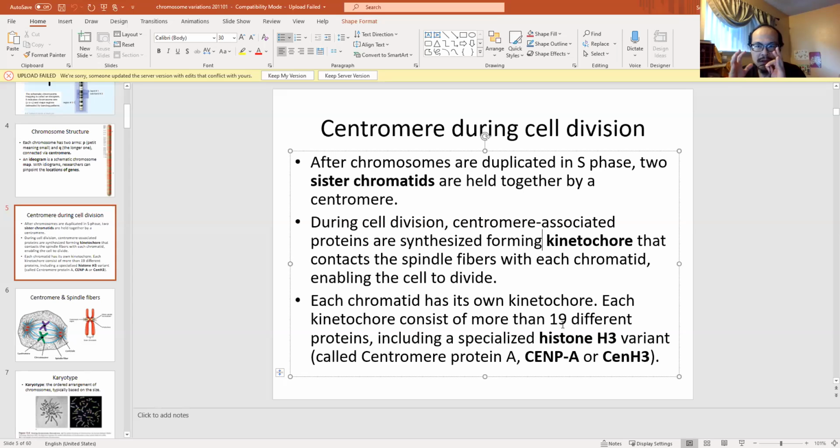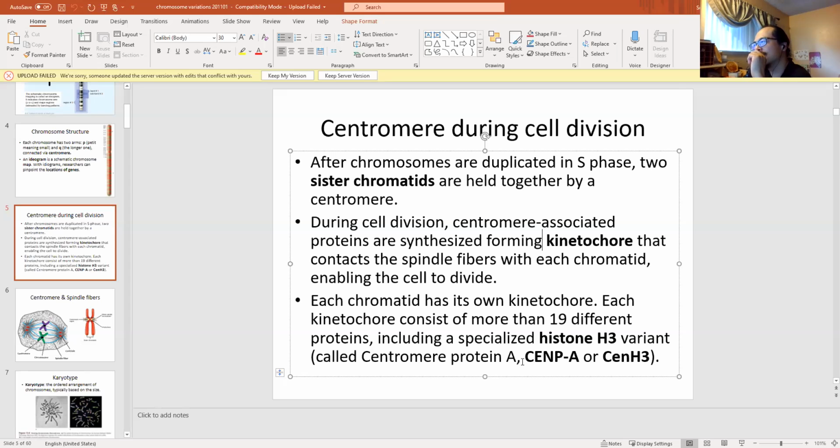Because this is a protein complex, it includes several proteins. We are not going to go into the detail about all these different proteins, but one important protein is commonly known as CENPA, the centromere protein A. This one is important to control the cell division, sister chromatid division.